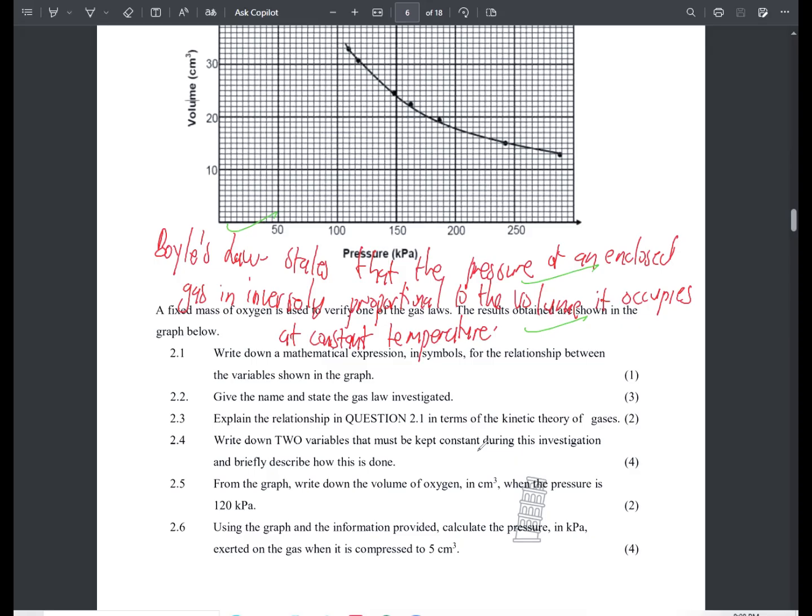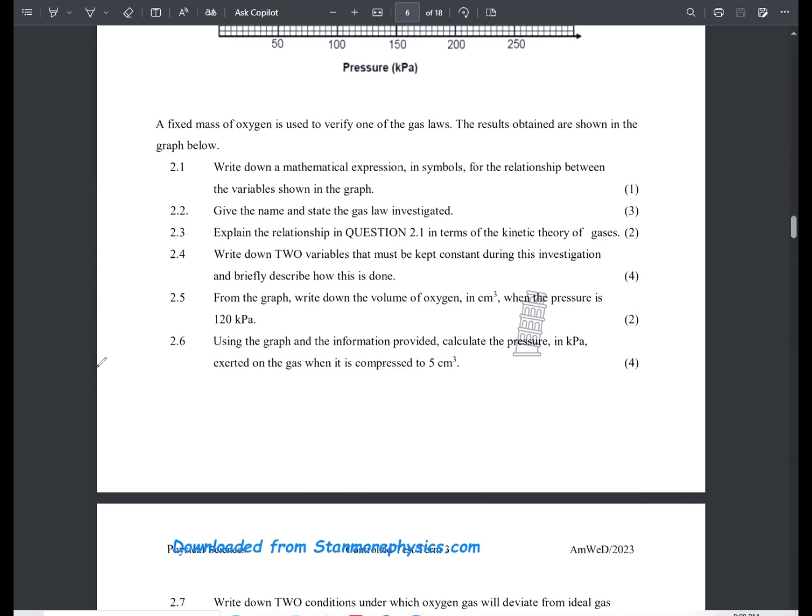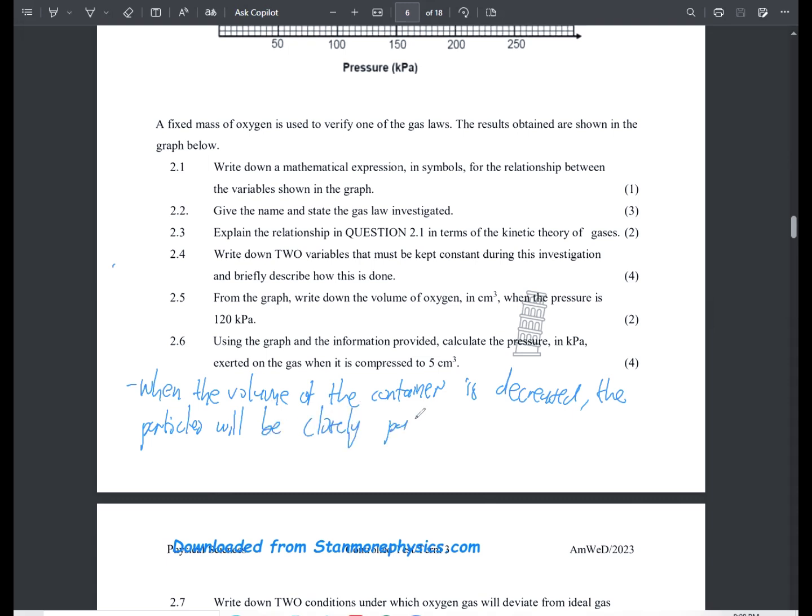Okay, then 2.3 says, explain the relationship in question 2.1 in terms of the kinetic theory of gases, right? So this is how we're actually going to put it. We're going to say when the volume of the container is decreased, the particles will be closely packed. We know that, right?